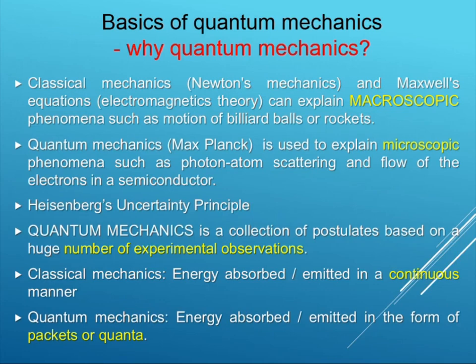So the position and momentum of a bigger particle can be simultaneously determined using the concept of classical mechanics. This is about the macroscopic particle. Now let us think about microscopic particles. You should not be confused between these two words: macroscopic particles are the bigger particles, and the other is the microscopic particle.